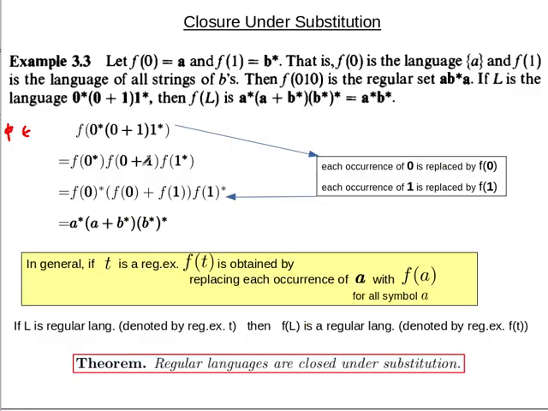So if you have some sigma or phi in your regular expression that you start with, you keep that as it is. The other symbols you replace by whatever is given. So f of 0 can be some regular expression, this can be some regular expression, this can be any regular expression. So you just replace these 0s and 1s by that, and you get this. So this is what it is.